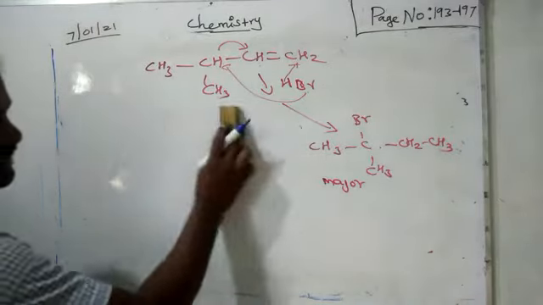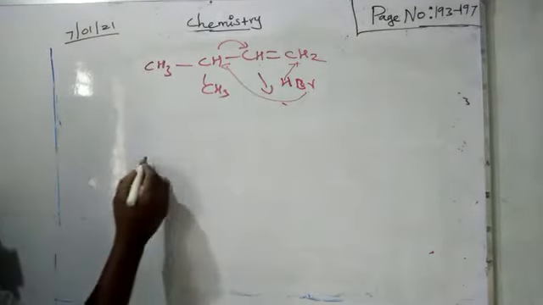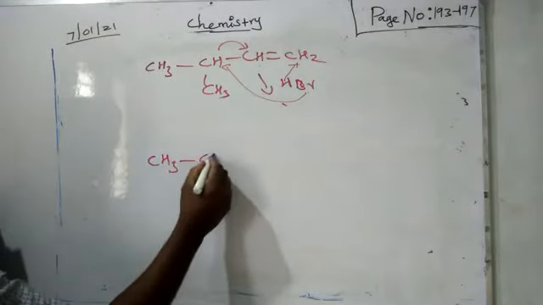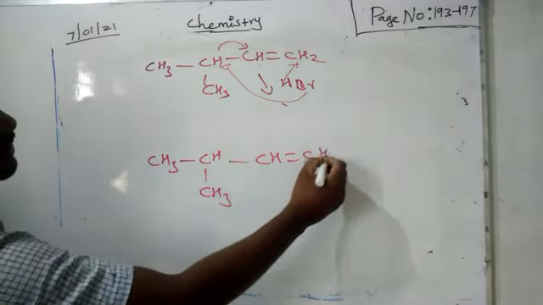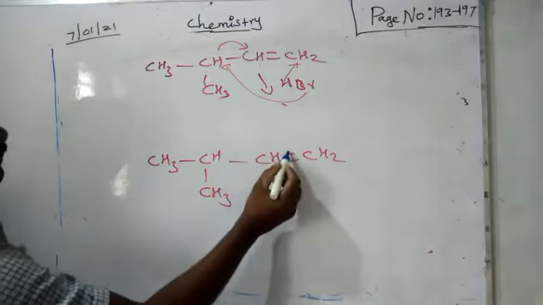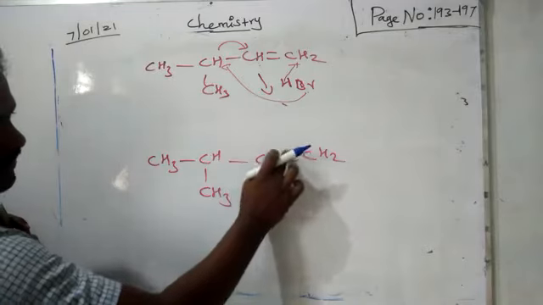Let us discuss the rearrangement. What are the possibilities? CH3, CH, CH3, CH double bond, CH2. Now what will happen? These two electrons may have migration, or it may have carbocation formation.